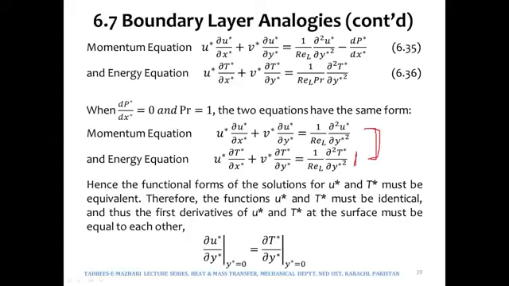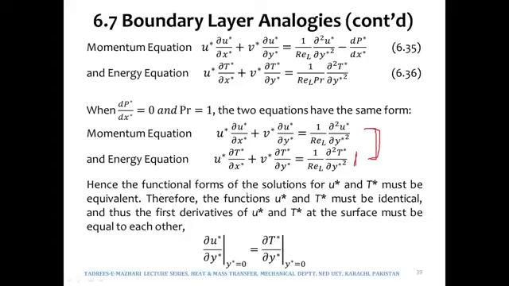Again we have a derivative of velocity with y, and we have a derivative of temperature with y. On the right hand side we have 1 over Reynolds number in both. And we have the second derivative of velocity with y star, and the second derivative of temperature with y star. So everything is similar except velocity and temperature. That is why one is talking about the velocity or momentum boundary layer, and the second one is talking about the temperature or thermal boundary layer.